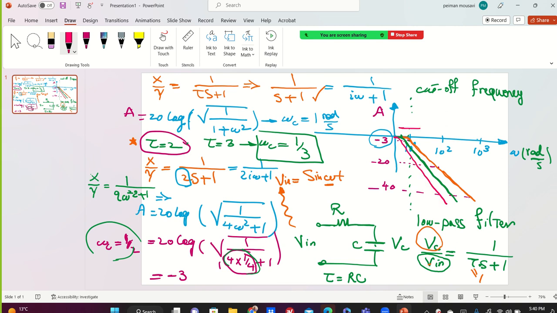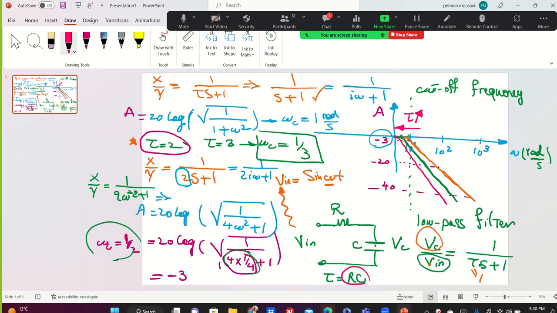So this way, you mean tau is increasing for the first order system I'm talking about. On the other hand, if I go to the physical example, if you increase the RC, resistor and capacitor product, you're going to make your cutoff frequency a lower value.